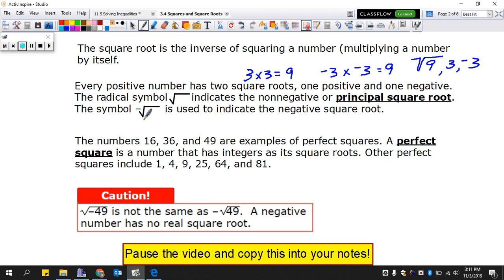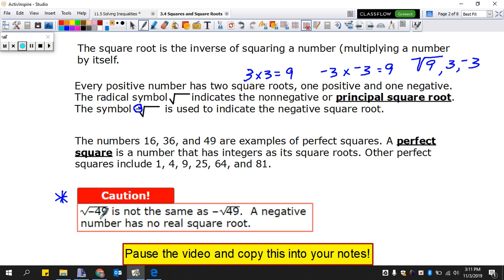The important thing there is that the square root of negative 49 is not the same thing as the negative square root of 49. The reason for that is that a negative number really has no real square root, because you cannot take a negative times a negative and end up with a negative.